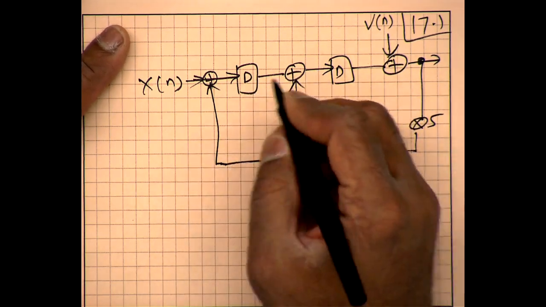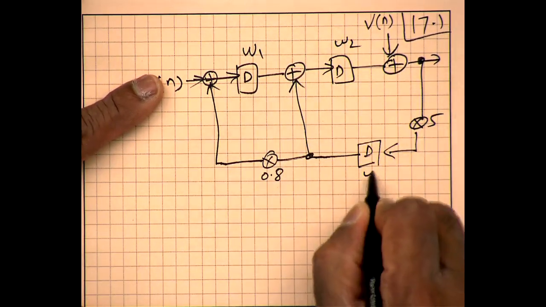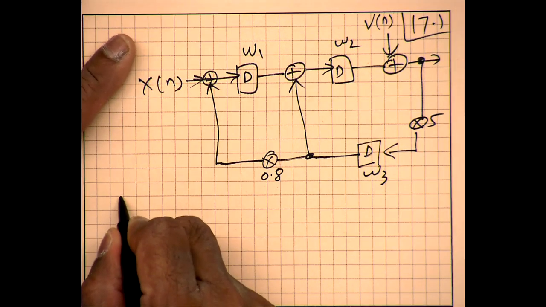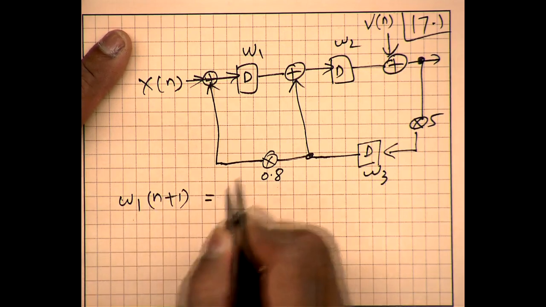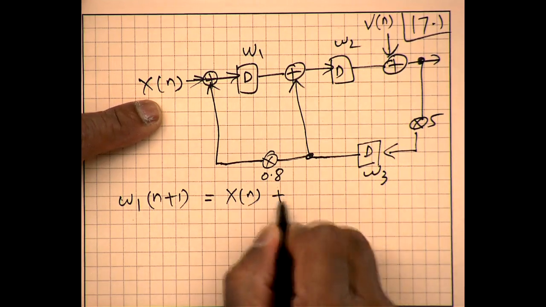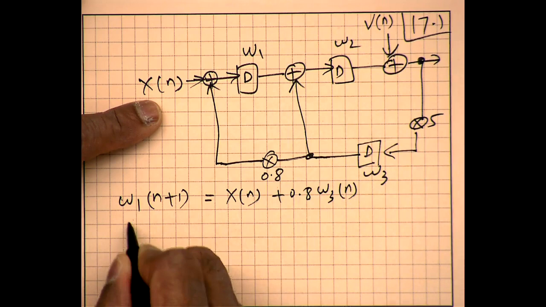Okay, let's go through the long method. So W1, W2, W3. I wrote those equations down. W1n plus 1 is equal to Xn plus 0.8 W3n.